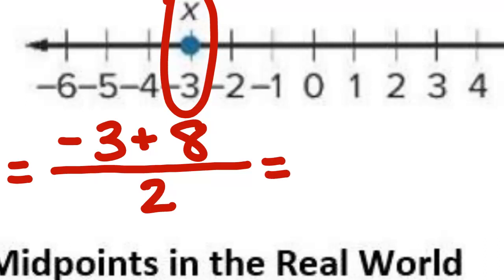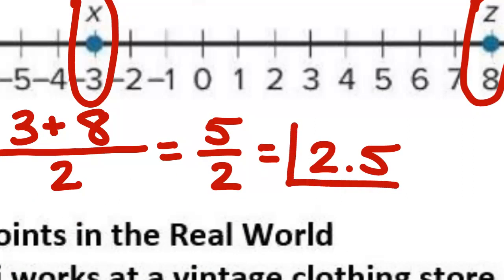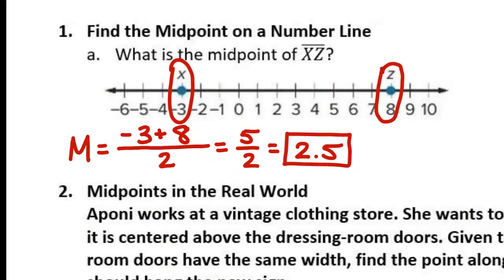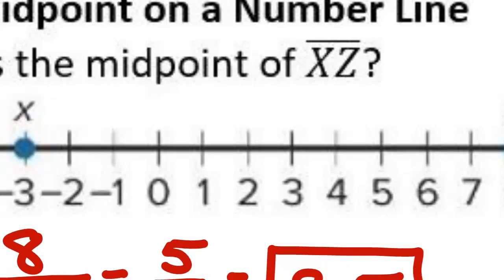What is -3 plus 8? 5. Does 5 divided by 2 come out to be a whole number? What does it come out to be? 2.5 is our midpoint. So let's go ahead and graph that, add that to our number line. 2.5 right here would be our midpoint.